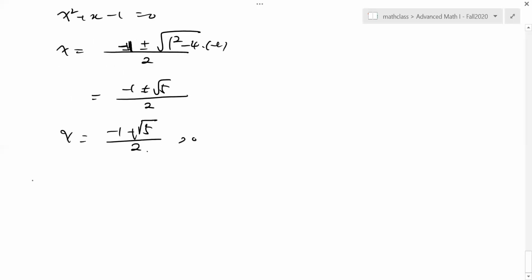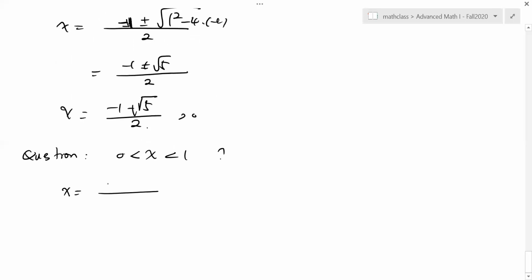And actually, can you see that this is less than 1? Question. Without using calculator. x is greater than 0, less than 1, why? Okay, then you estimate the square root of 5, right? So let's check. It's square root of 5 minus 1 over 2.